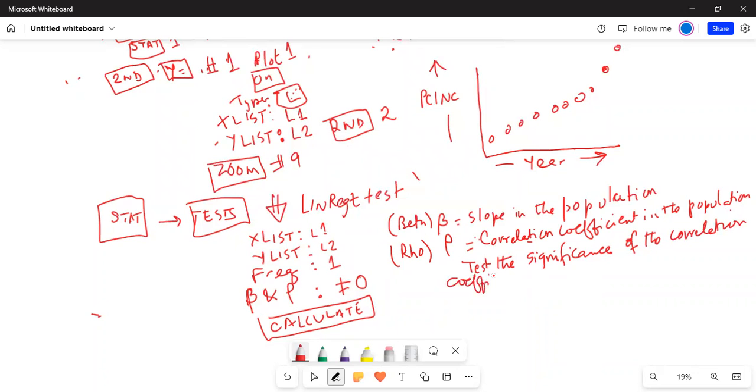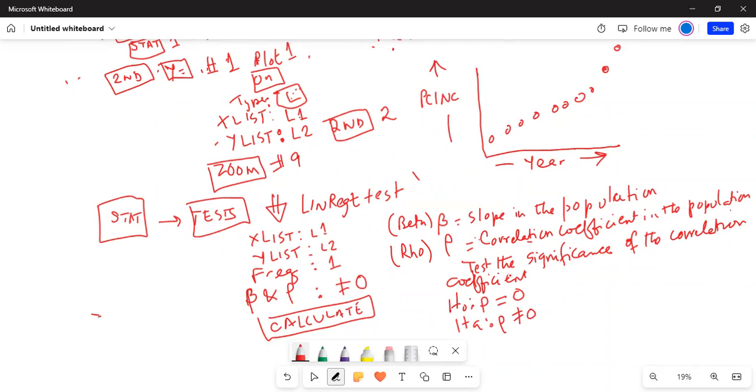So that means you assume your null hypothesis is, we'll just do it with the correlation coefficient, rho is equal to 0. And your alternate, which you have selected, is rho not equal to 0. Okay.